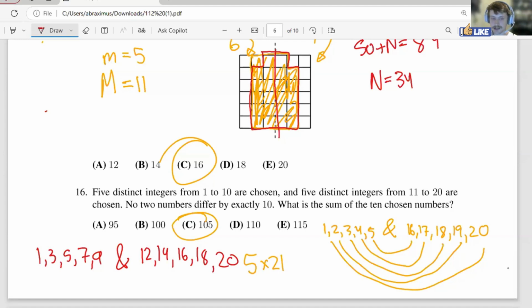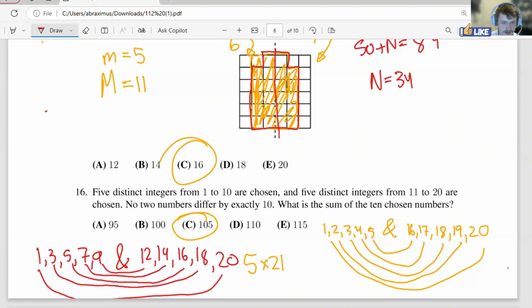Angela thinks it's also 105. We can actually see that it's 105 just by pairing them up in the same way. It's also equal to 5 times 21. So this problem is really cool because there's multiple ways of doing it.